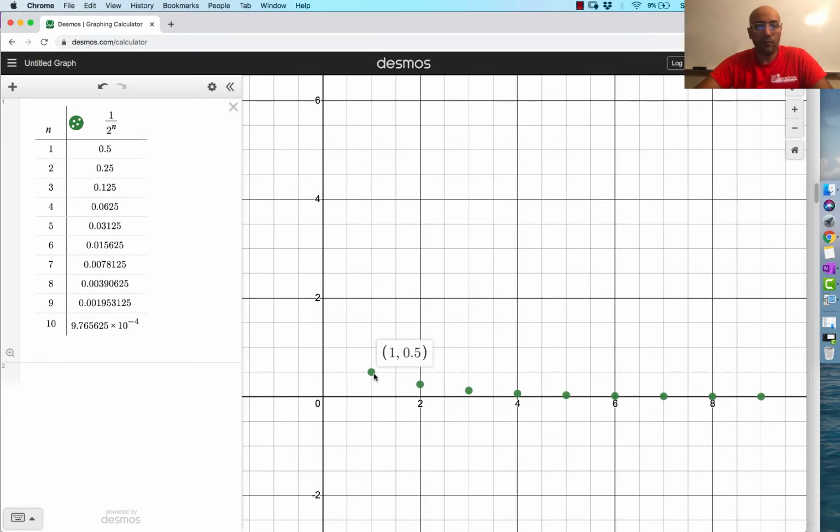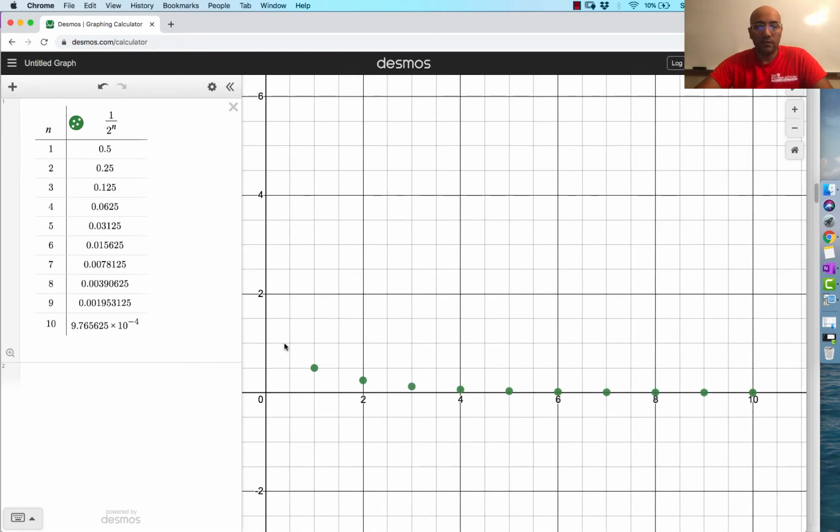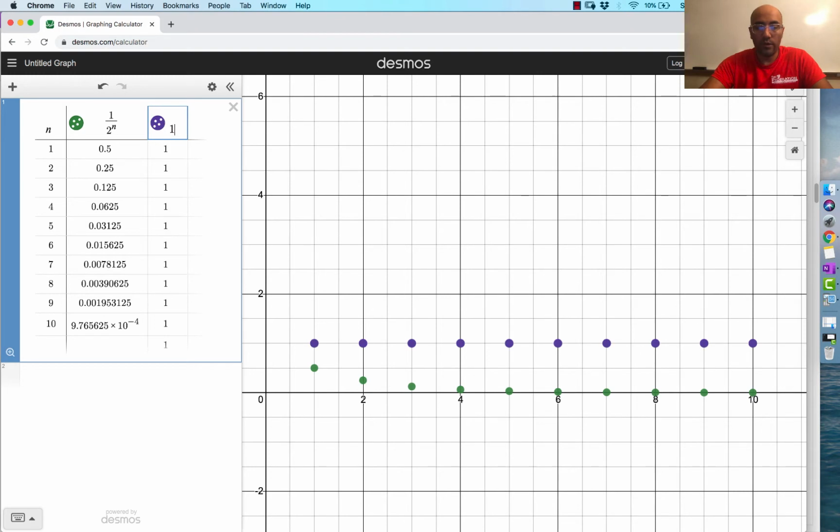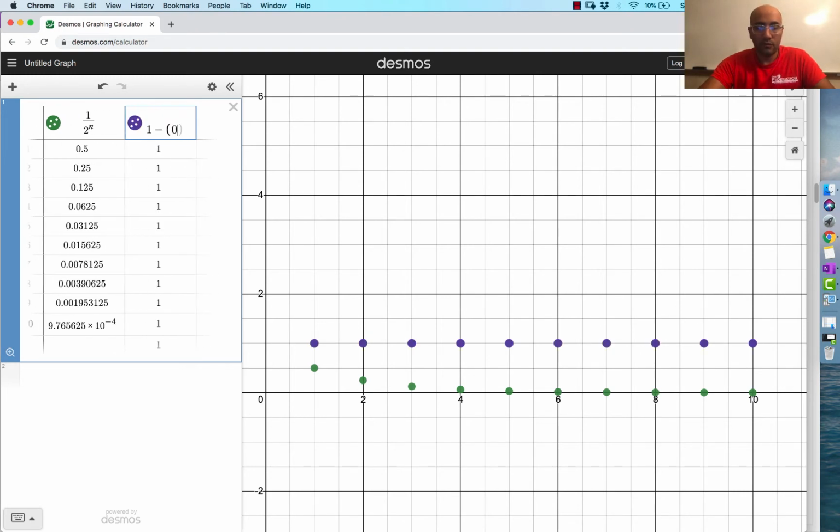Okay, so that point is 1 comma 1/2. That point is 2 comma 0.25. Next one is 3 comma 0.125, and so on and so forth. Okay, so here's the first 10 values in my sequence. And now if I want to add them, that was the next one over here, and that one is 1 minus 0.5, to the power of n.